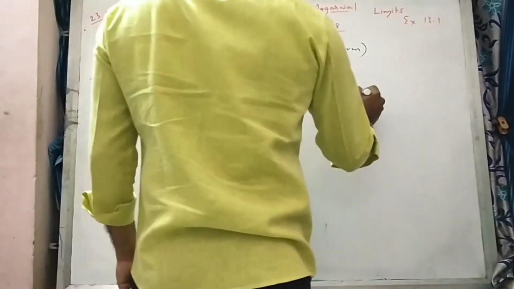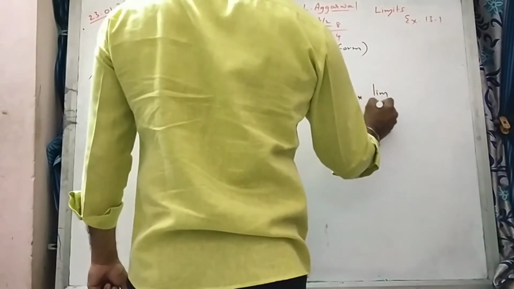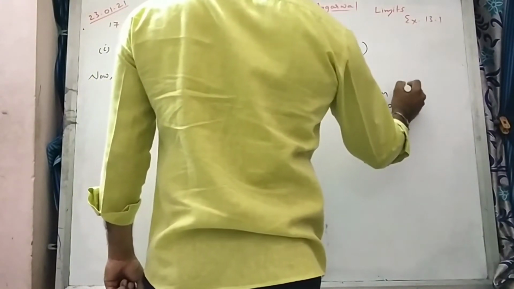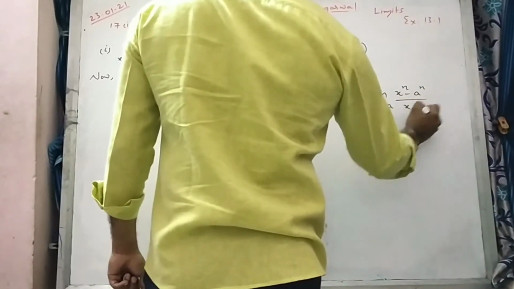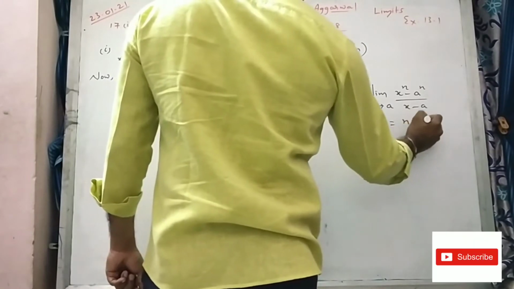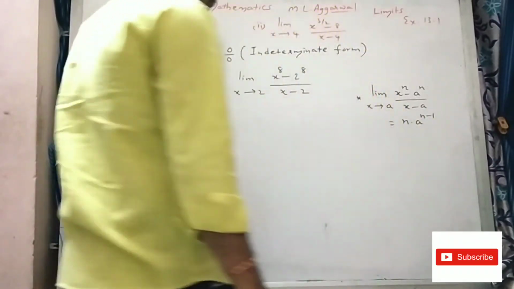Now, it is in the form of limit x is tending to a, (x power n minus a power n) upon (x minus a) equal to n into a power n minus 1. This is the standard formula for this.